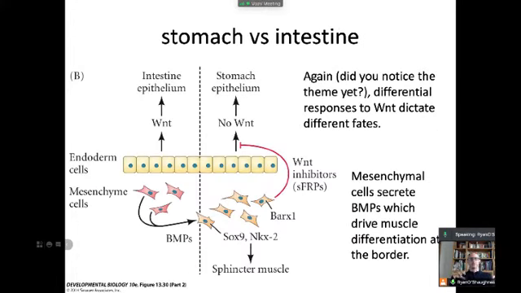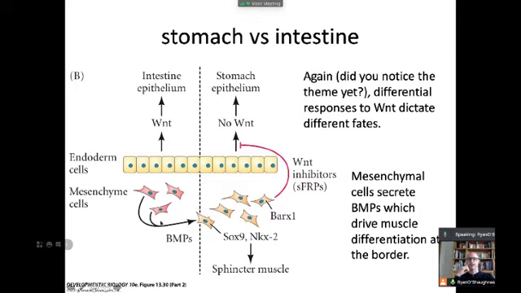So how do we determine stomach versus intestine? And it's not surprising to see that Wnt signalling plays a role. Again, there are differential responses to Wnt that dictate different developmental fates.